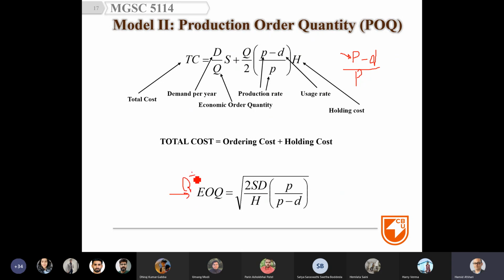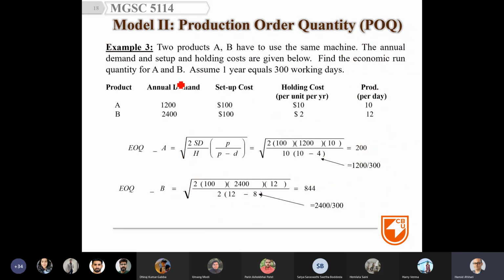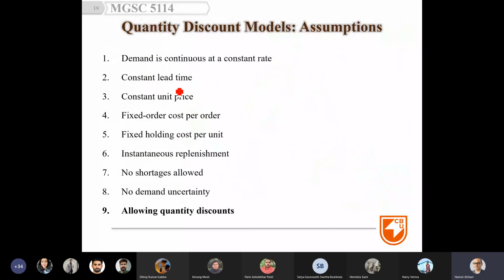Okay, EOQ or Q star have the same meaning. You remember? They have the same meaning. So this fraction or coefficient is added to all components of your system. Again, it's not going to be asked in your final exam. And there is an example to learn more about that. Okay, this is the end of the second model.